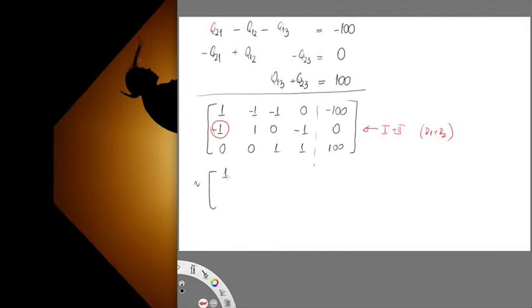When I do that, I'm going to have 1, minus 1, minus 1, 0, minus 100; 0, 0, interesting, minus 1, minus 1, minus 100; and 0, 0, 1, 1.